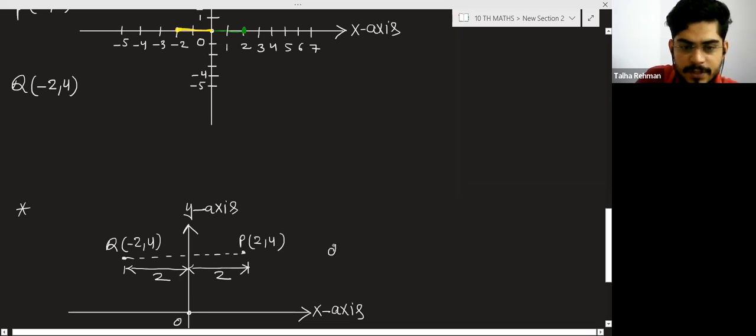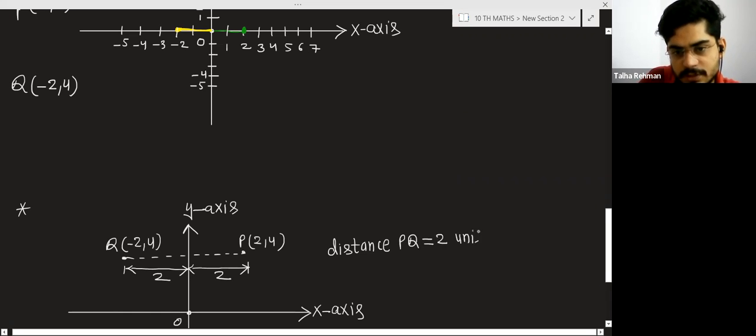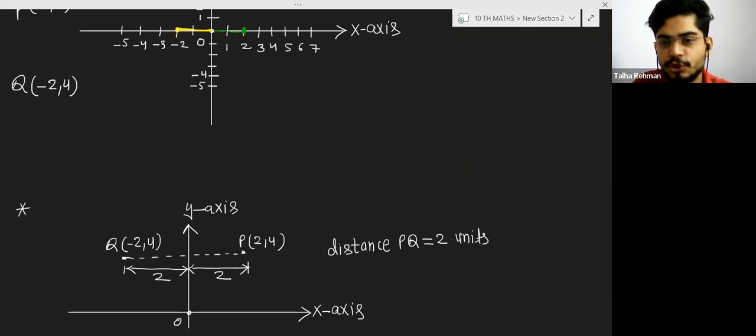So distance PQ will be 2 units. Units means distance can be in centimeter, meter, or kilometer. So that is why I am writing 2 units, 2 meter or 2 kilometer, like this. Now we have found the distance very easily, no problem.